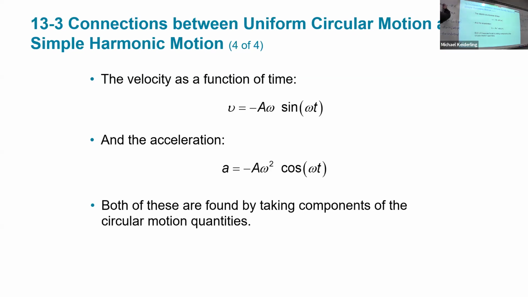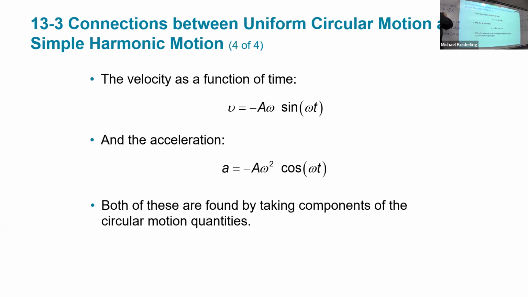And here we have our equation. We can see that mass times acceleration equals minus kx. So acceleration is minus k over m times x.